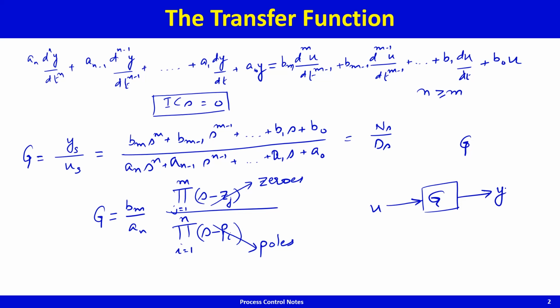So transfer function is a very compact representation of a dynamic system in the Laplace domain. The ODE in the time domain gets replaced by a transfer function in the Laplace domain.